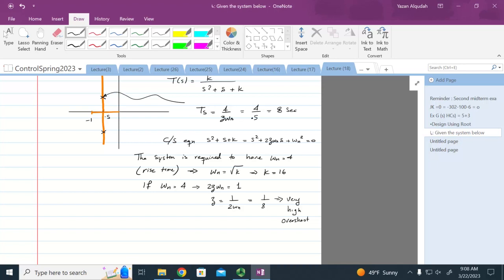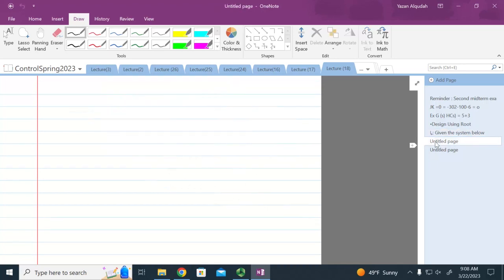Now, we're going to be discussing changing the dynamics of the system through the controller design.